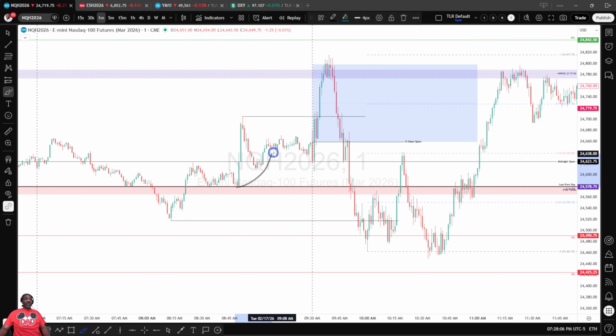Traded up, 9:30 comes and takes the daily low. We've gone pre-market to pre-market, so we took out the pre-market high, took out the pre-market low, along with the daily low during 9:30. Then we come back and respect that low.